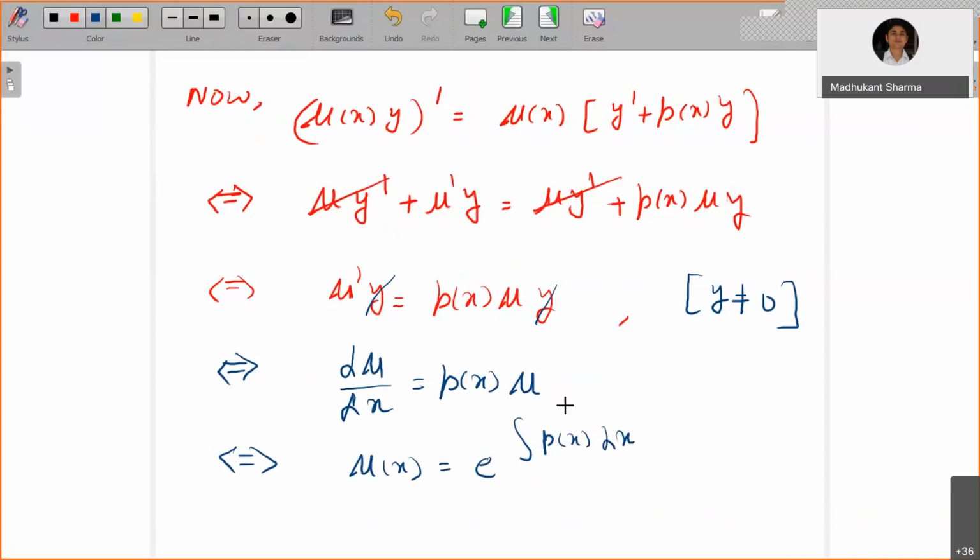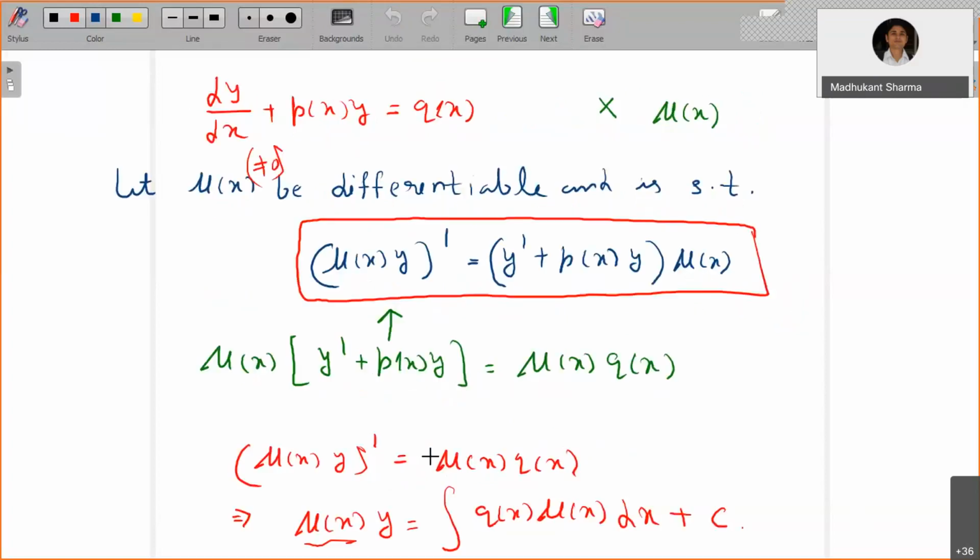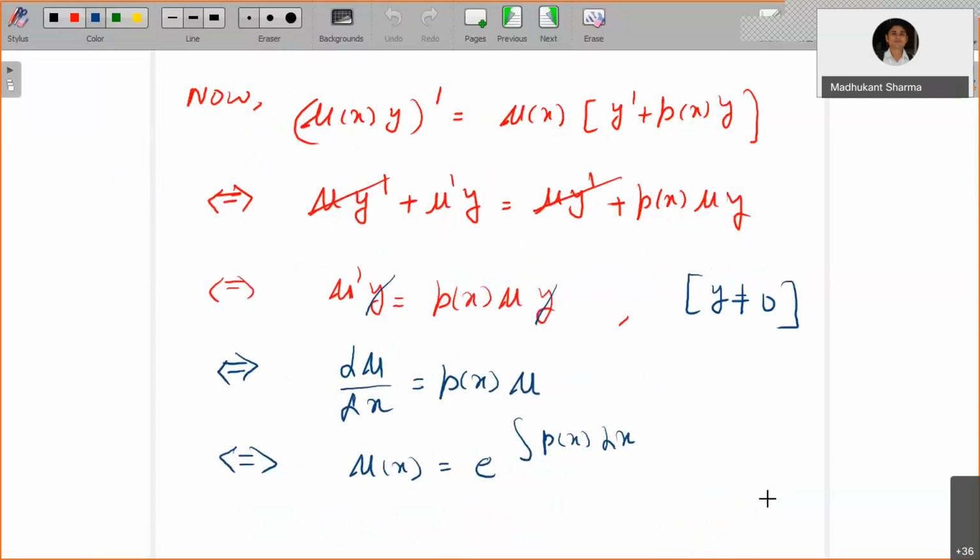I'm not adding any arbitrary constant here, because you are going to use this as a factor in the original differential equation, and in the final solution you will see there is already an arbitrary constant. So it is completely immaterial right now, because the general solution of a first order ODE will have one arbitrary constant. So here in this mu we are not adding any arbitrary constant.